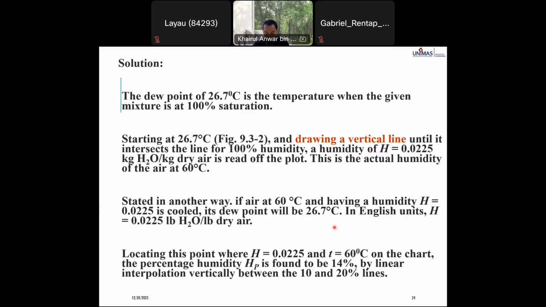The dew point of 26.7 degrees C is the temperature at which the given mixture is at 100% saturation.